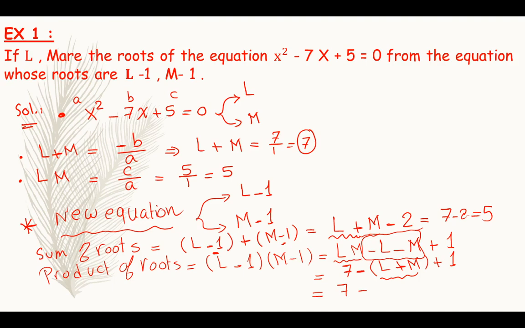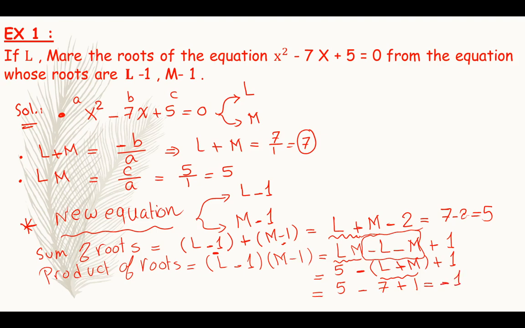Here LM equals 5, not 7, so we will write 5. And the sum of the two roots is 7, so it will be 5 minus 7 plus 1. 5 minus 7 equals negative 2. Negative 2 plus 1 equals negative 1.